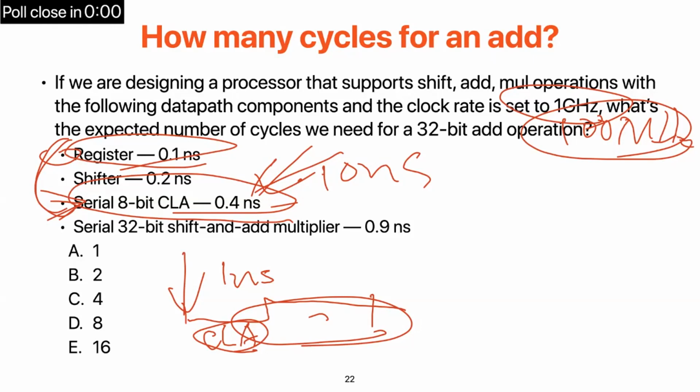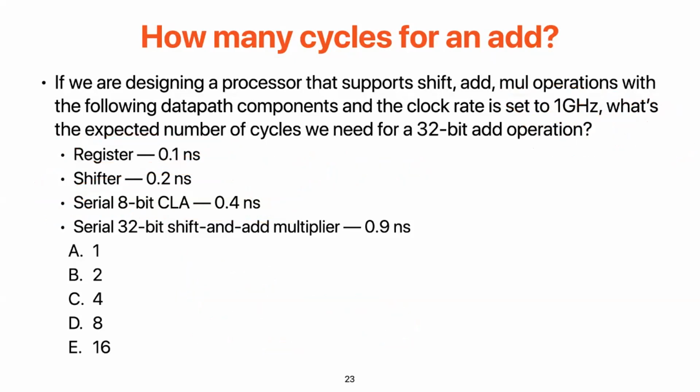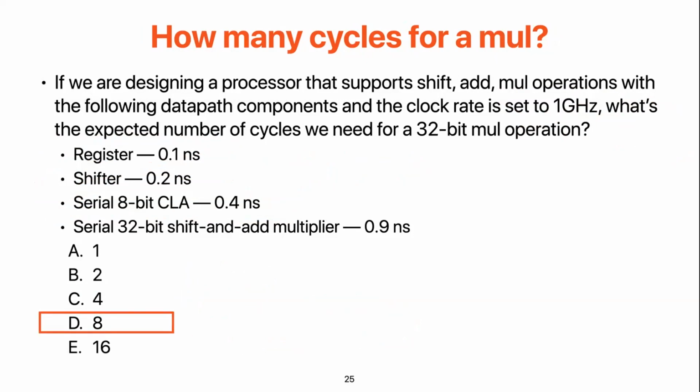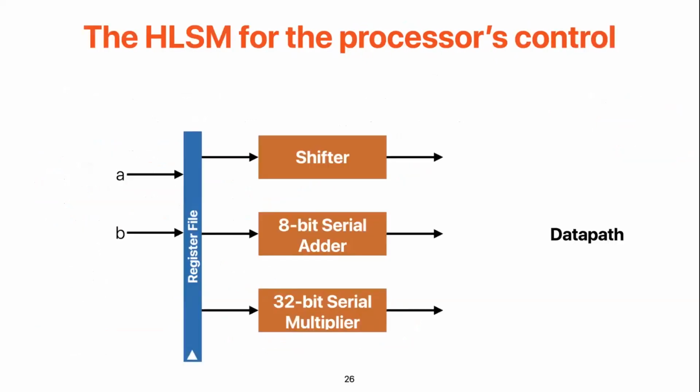Okay, so for this we agree that we need 4 cycles for an add, and as I said, for the multiplication, we would need 32 cycles. So right now let's think about the high level state machine.